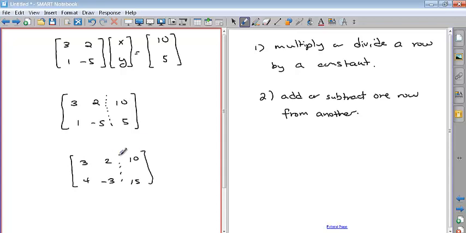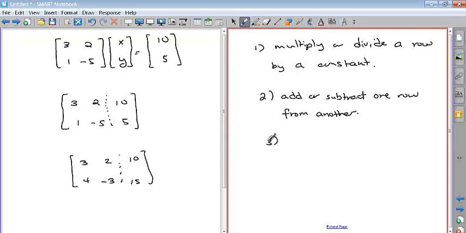So it turns out, again, this augmented matrix represents an equation, and the solution for these two equations is the same as the solution to this equation. So you can just add rows together. You add the x parts, the y parts, and the constant parts.